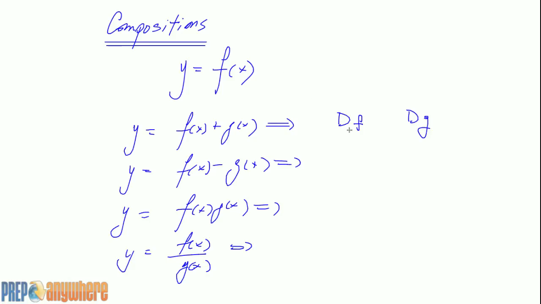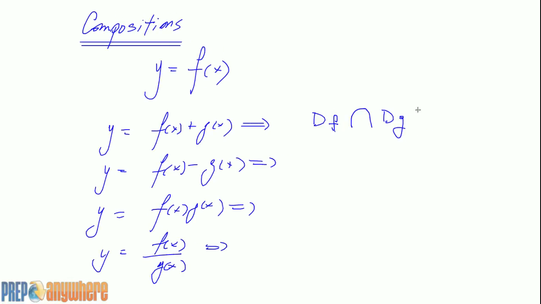So let's say I found all the x values I can put into f, and all the x values I can put into g. What can I put into both f and g at the same time? Only the intersection between these two, only the numbers satisfying both. So you say the intersection of the domain of f and the domain of g.